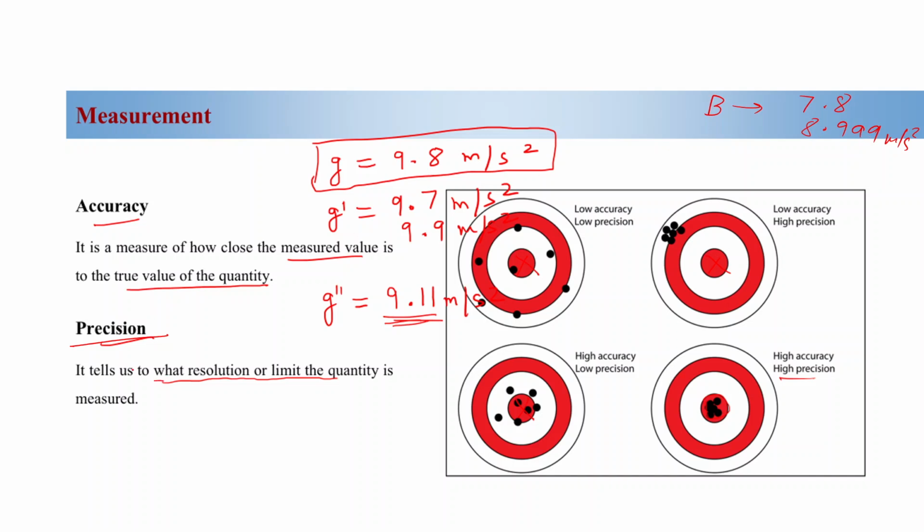Precision tells us to what resolution or limit the quantity is measured. So it's giving up to the third decimal digit, that's good, it's very precise, but it's far away from the actual value, so I cannot call it accurate, right? It's very precise, but it's far from the true value, it's not accurate. I'll call this accurate, but not this.